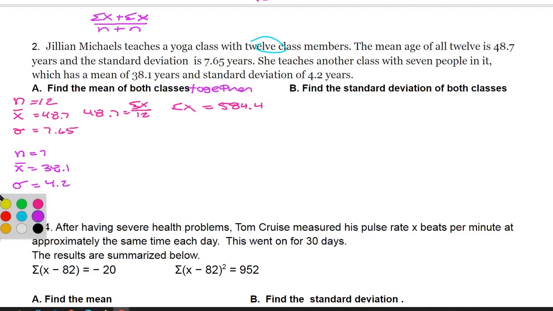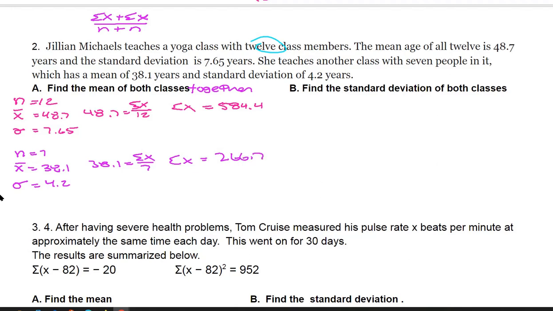And then when I come down here, I'm going to do the same kind of thing. 38.1 is equal to the sum of the x's, but this time it's divided by 7. And so the sum of these x's is going to equal 7 times 38.1, or 266.7.